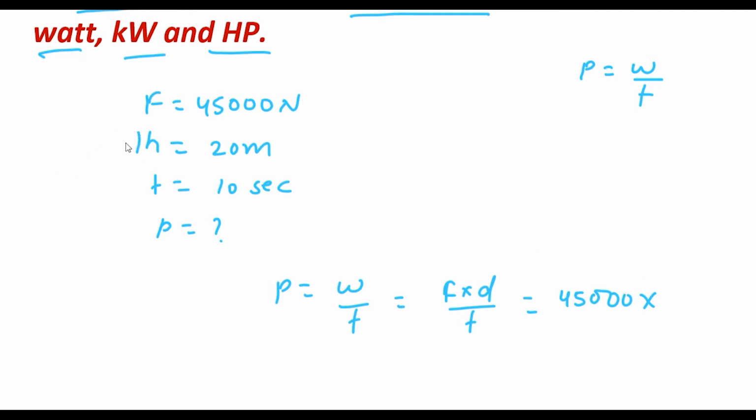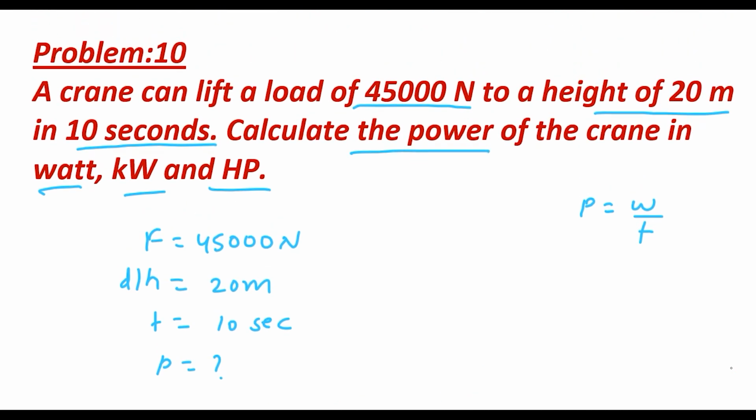We have height 20, and here time is given 10. So just calculate it. When we calculate 45,000 into 20 divided by 10, it becomes 90,000, and the unit of power is watt. This is the required value of the power, that is 90,000 watt.